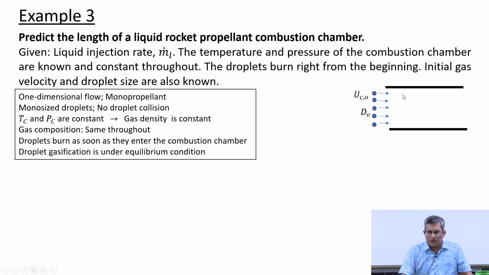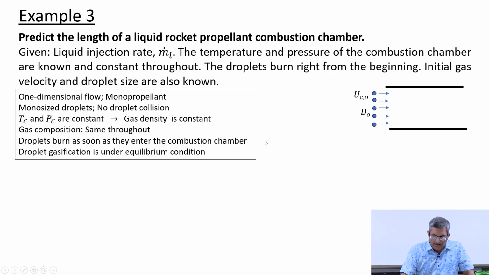This is to ensure that the evaporation constant is constant. It does not vary. Though in reality, the evaporation constant would vary with the relative velocity between the particle and the gas flow, here we are considering that it is a constant.